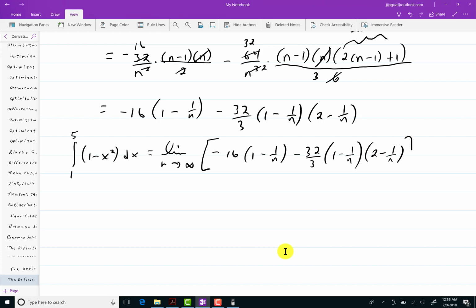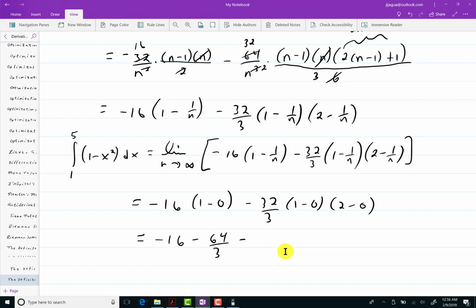And of course all those 1 over n's go to 0. I'll have negative 16 times 1 minus 0, minus 32 over 3 times 1 minus 0 times 2 minus 0. And I'll have negative 16 minus 64 over 3, which we had exactly the same thing last time.